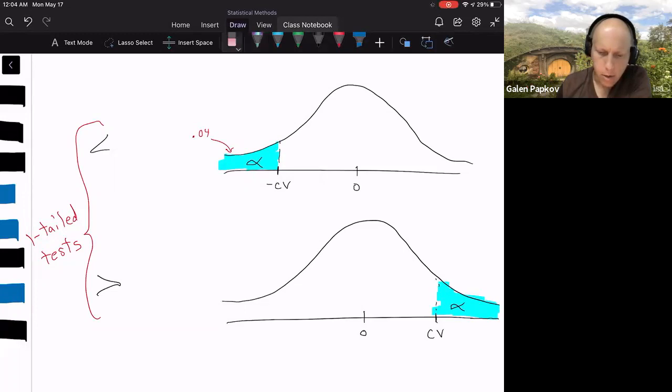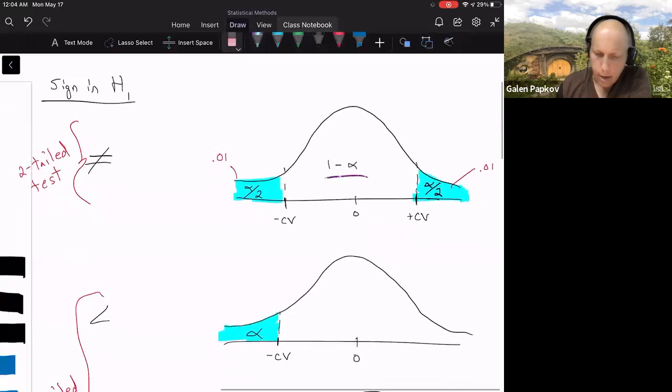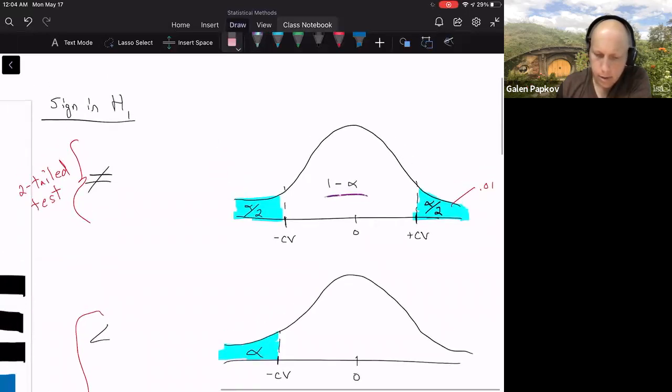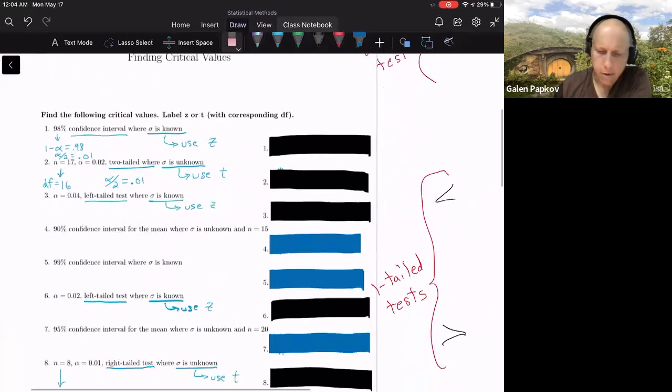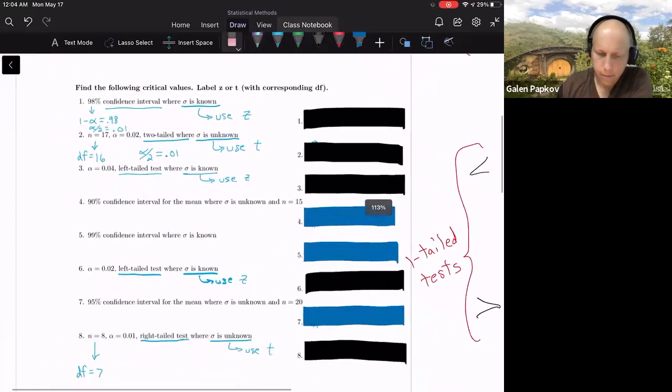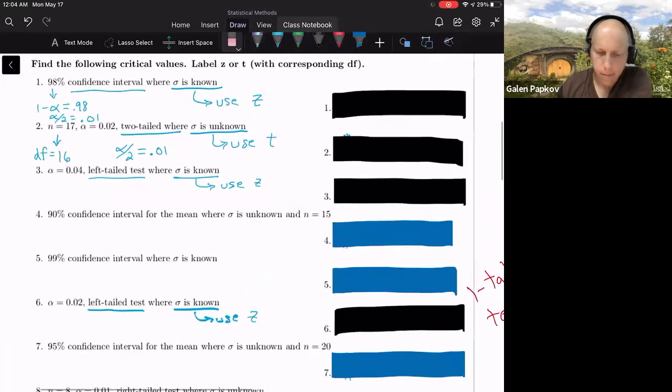And you could ignore that 0.4 and these 0.01s. Let's take a look at the first one here. We want to find the critical value for a 98% confidence interval where sigma is known.